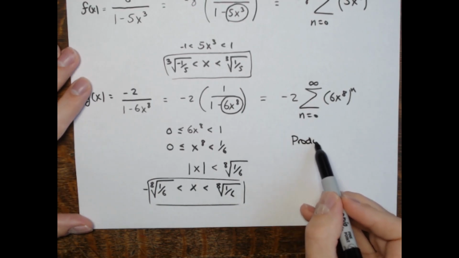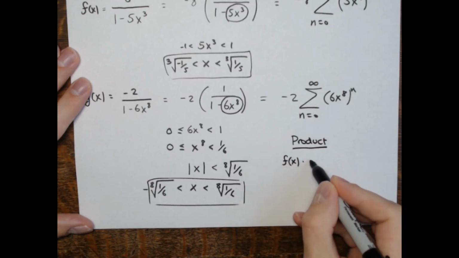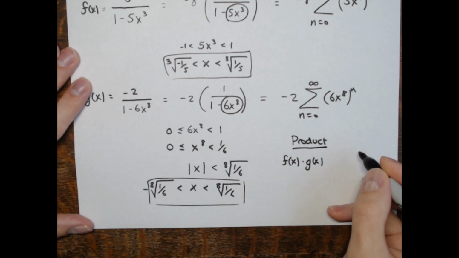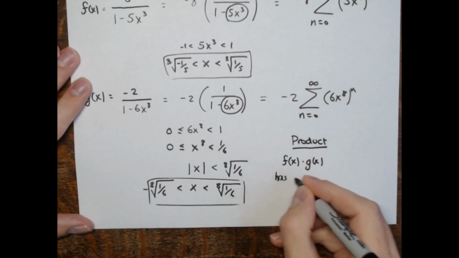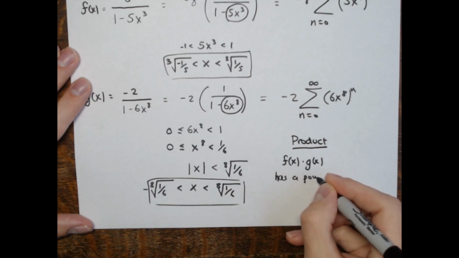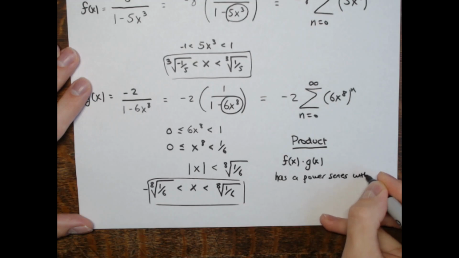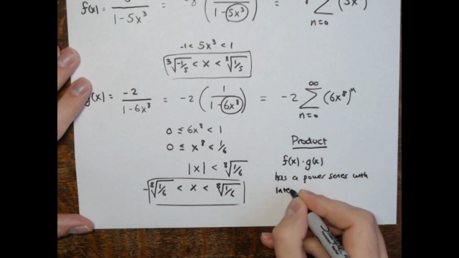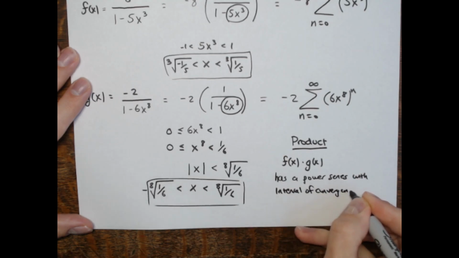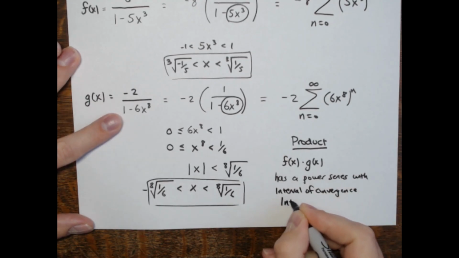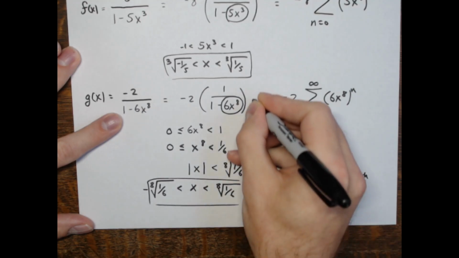The product, again just like a sum earlier, f times g has a power series with interval of convergence that's the intersection of these two.